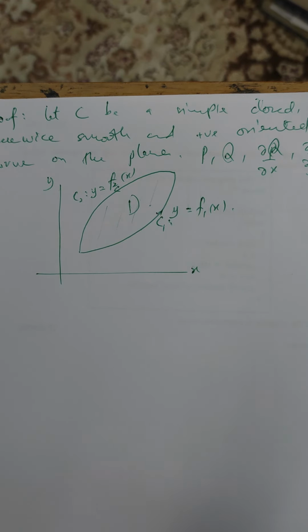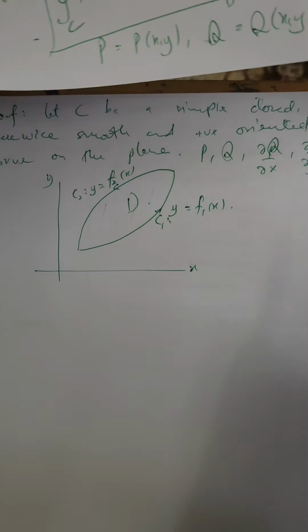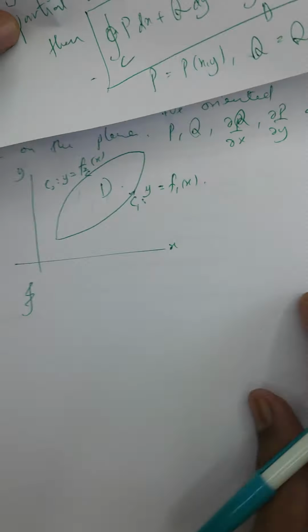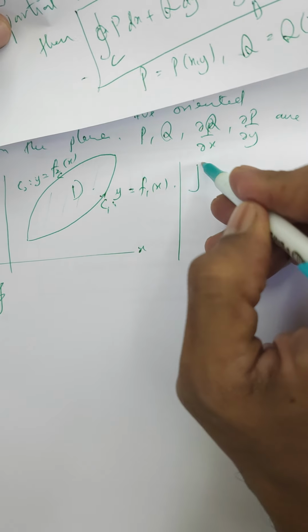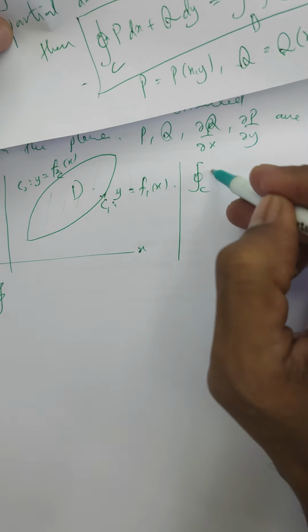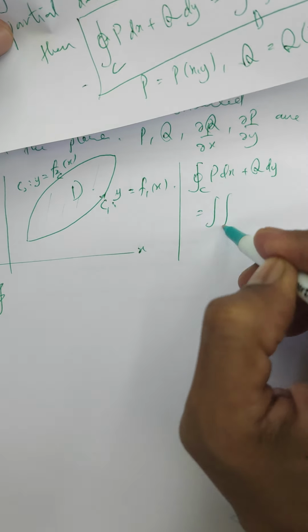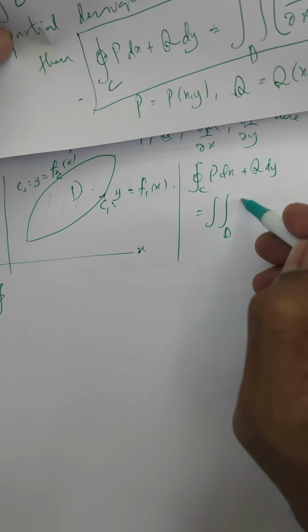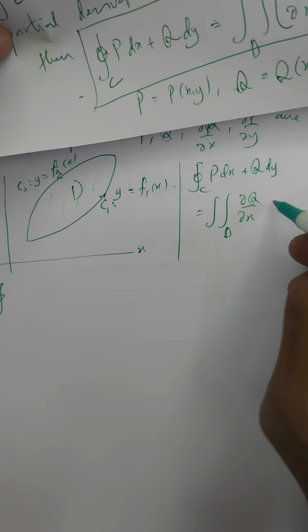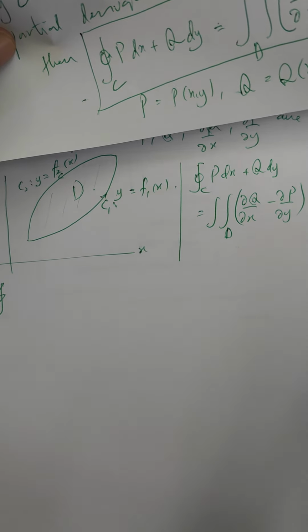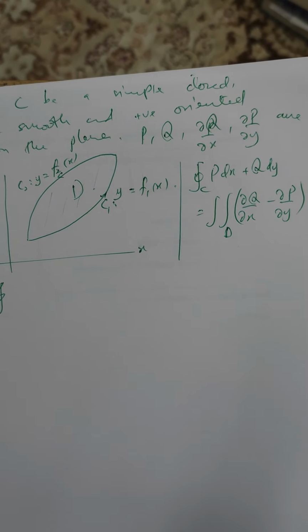So if you look at Green's theorem here, let me write this. If we integrate over C, P dx plus Q dy, this is equal to the integral over D of (del Q/del x minus del P/del y) dA. That's what I want to show.